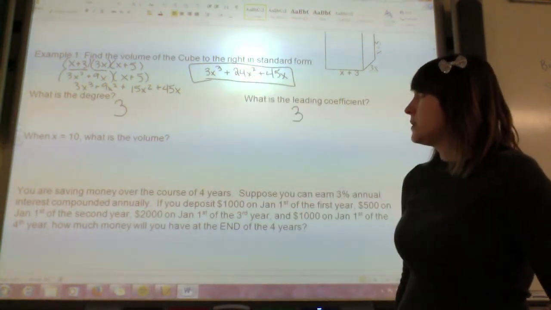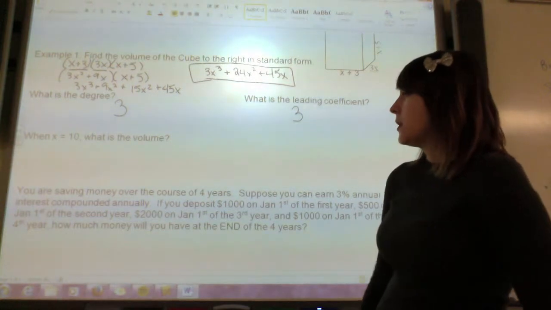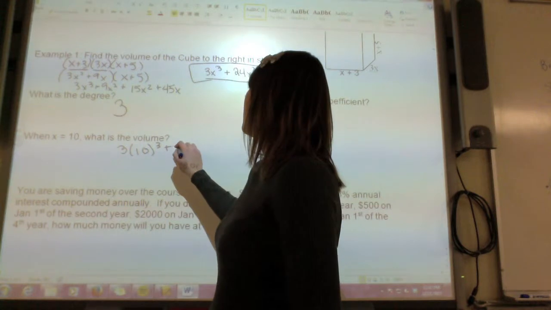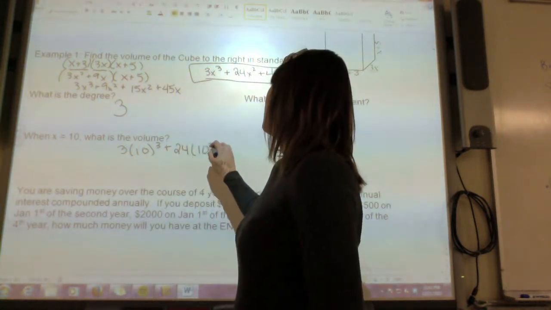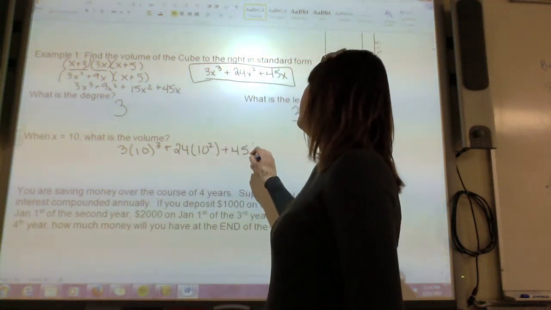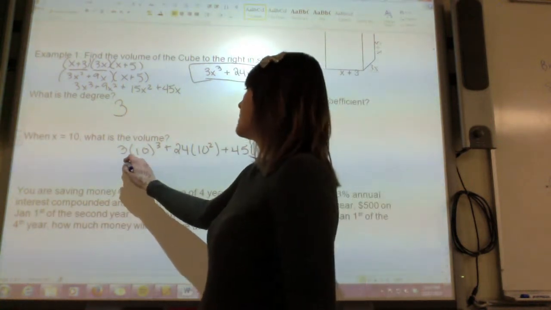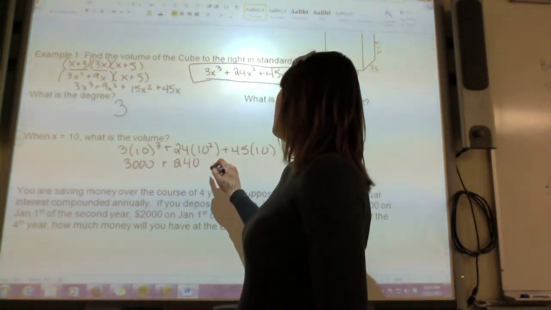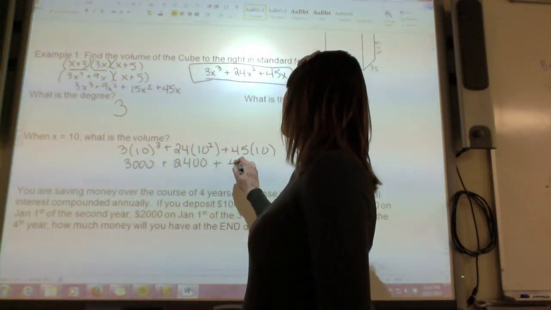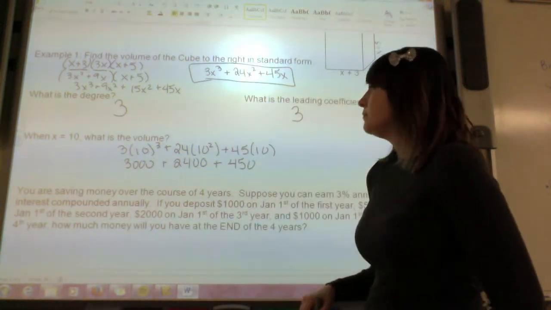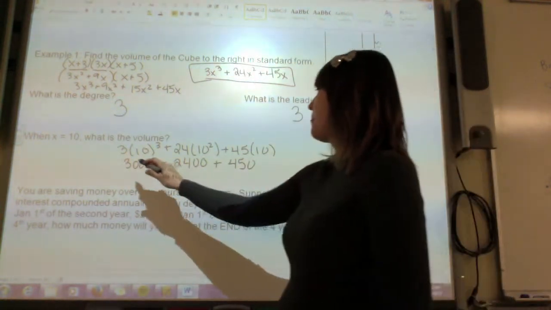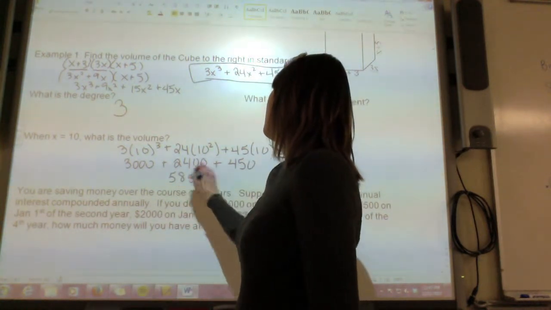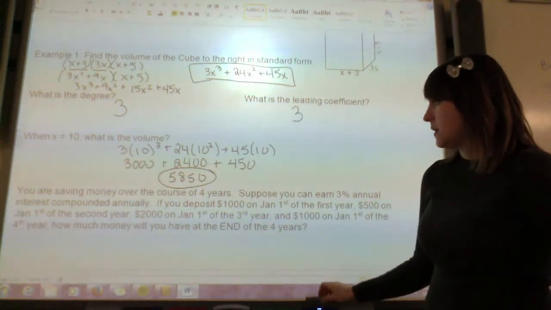Well, I know that this is the equation for my volume, so if I plug a 10 into that, then I can go through and simplify. Okay. So that gives me 5,850.